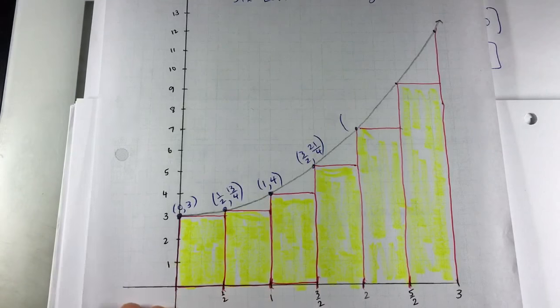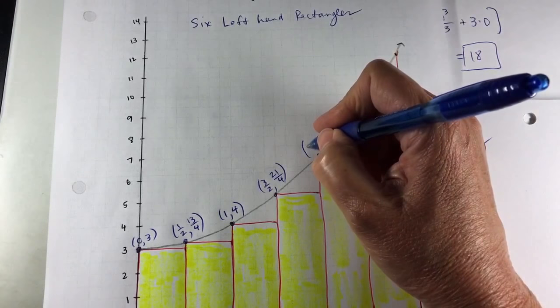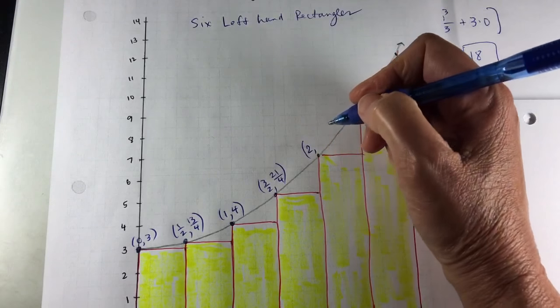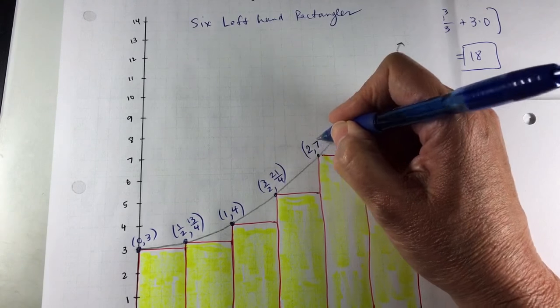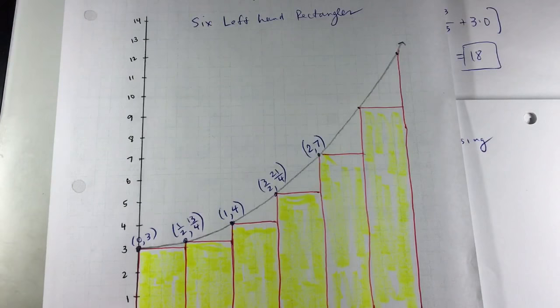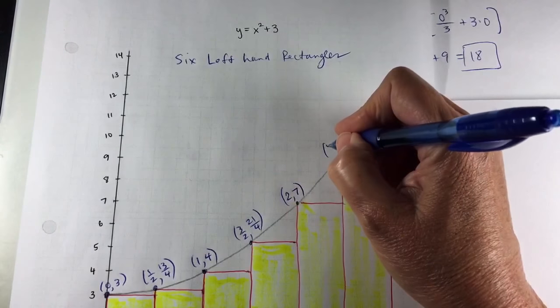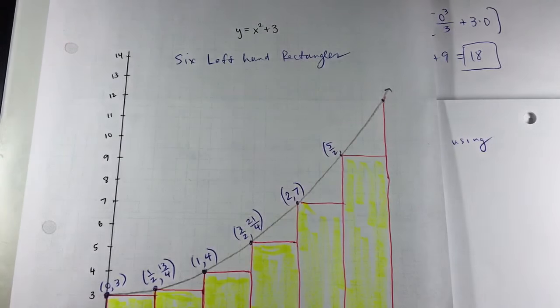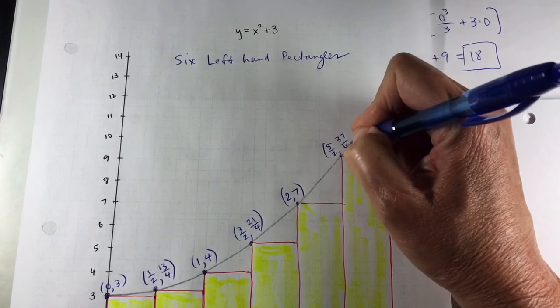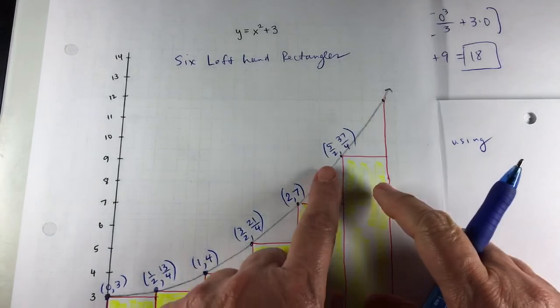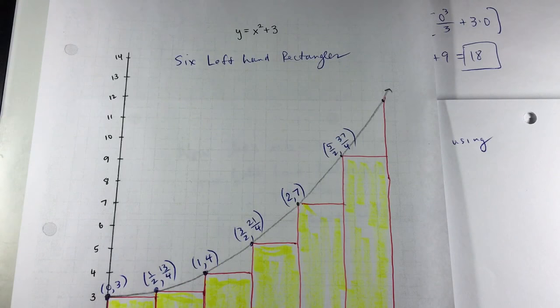When I get to x equals 2, the y value is going to be 7. And when I get to 5/2, the y value is 37/4. Now, if you're not sure about that, you plug those x values into the function and confirm that those are the y values.